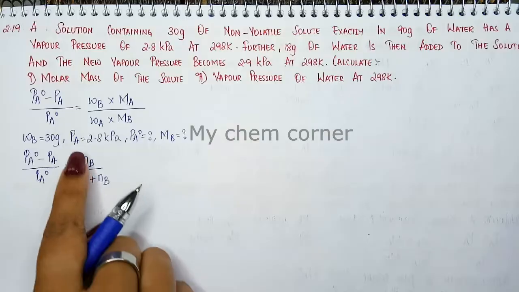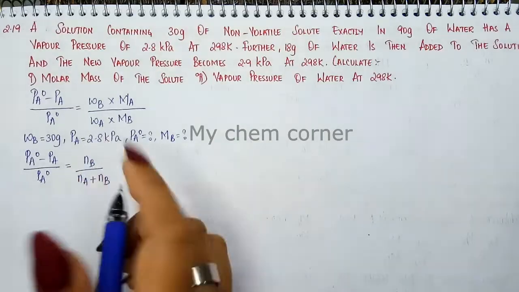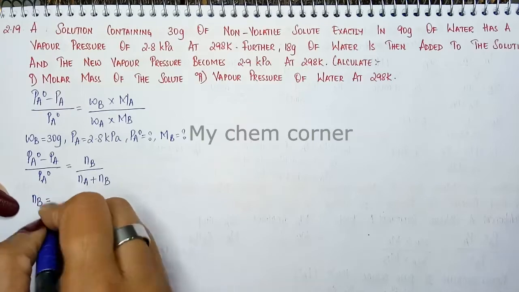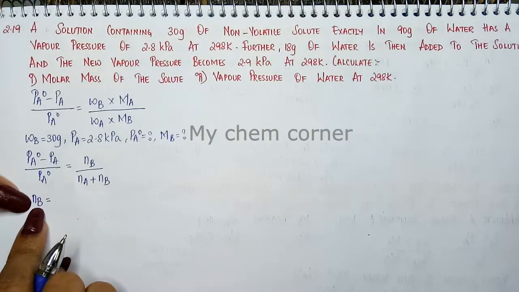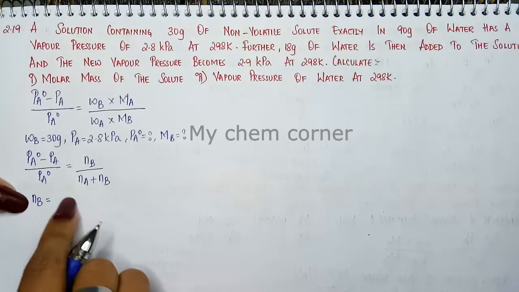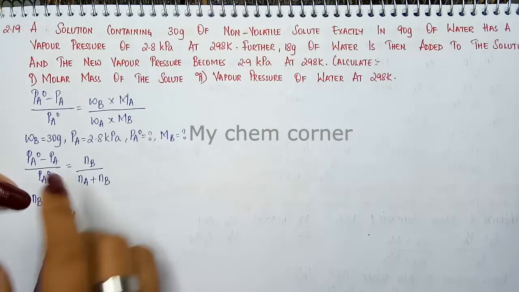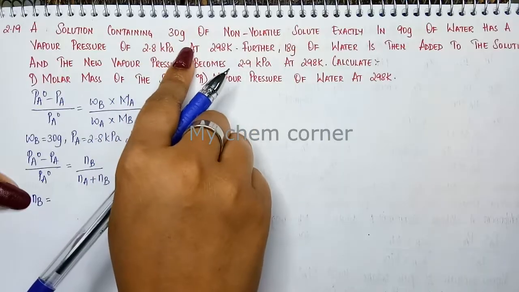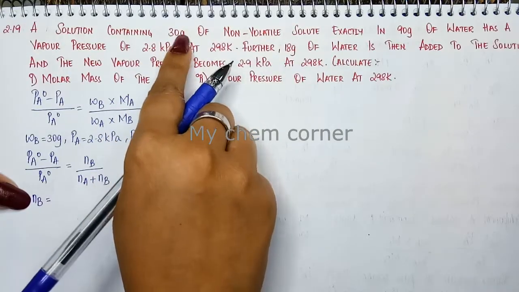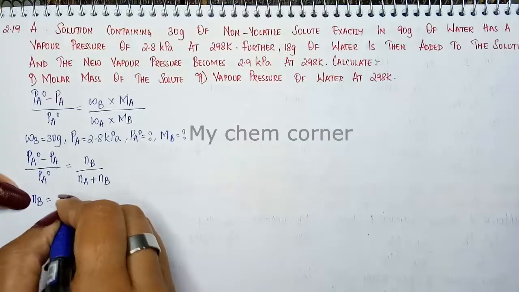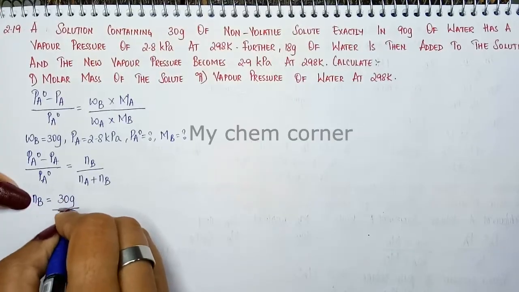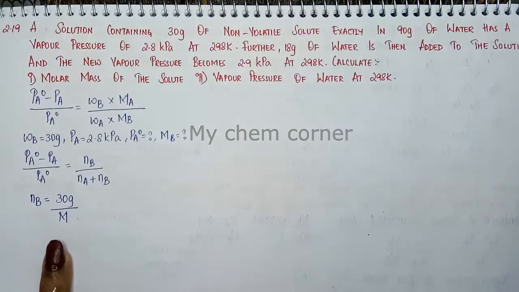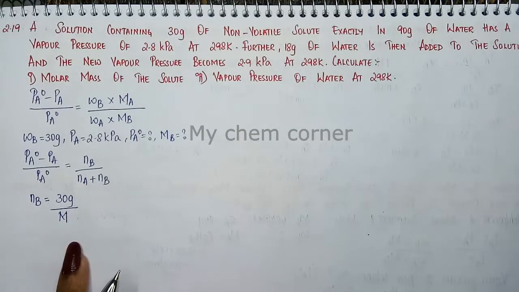Now let's calculate NB and NA. So here NB is for the solute. So for solute you have a number of moles is given mass by molar mass. So given mass here is 30 grams. Molar mass, we're just putting an M over there because molar mass is not given to us. So this is going to be the formula.